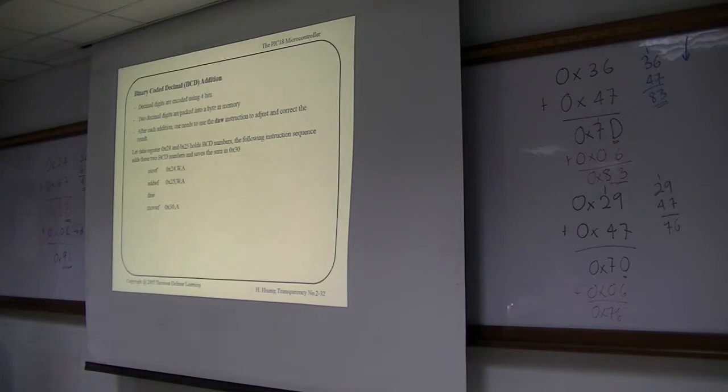So look at this example. Let data registers hex 24 and 25 hold BCD numbers. That means the content of hex 24 and 25 are decimal numbers. The following instruction sequence adds these two BCD numbers and saves the sum in hex 30.